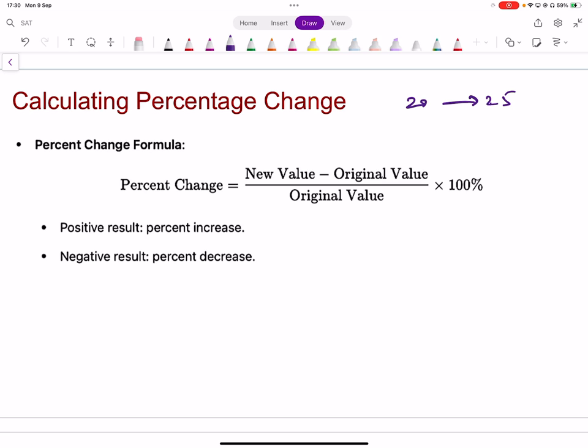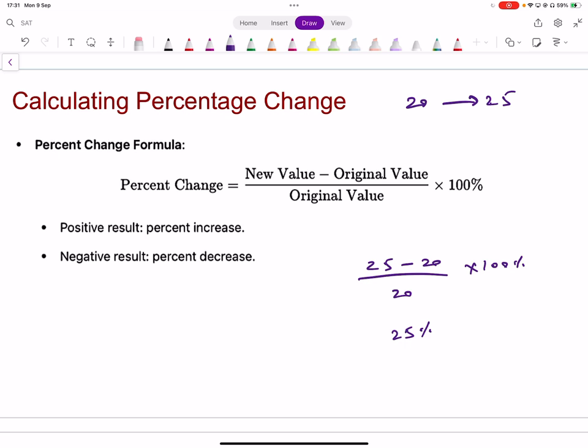Base, the denominator is always the old number, the original number. Okay? So if the number is going from 20 to 25, in the numerator you have 25 minus 20. In the denominator you have the original number, which is 20, into 100%, and that gives you 25% in this case.